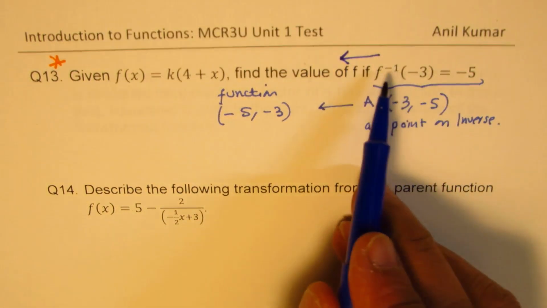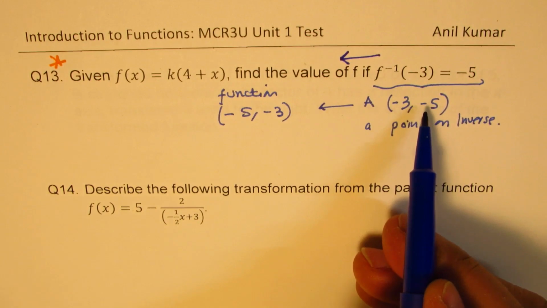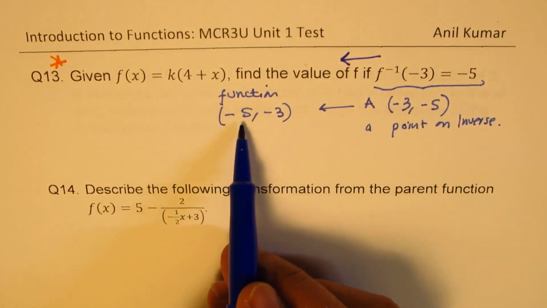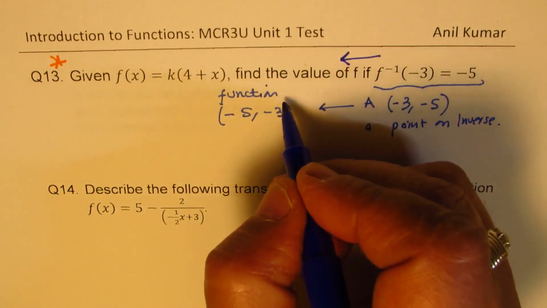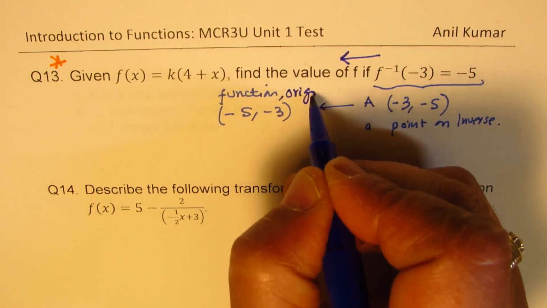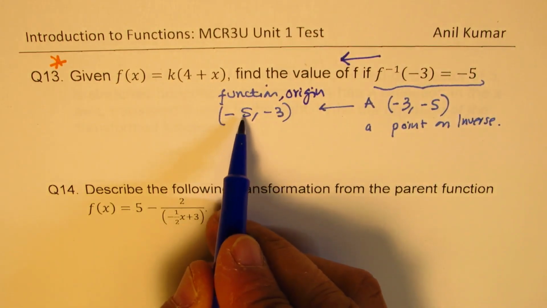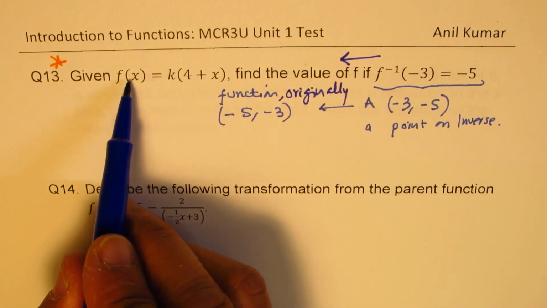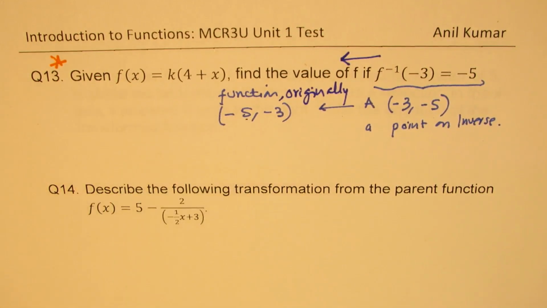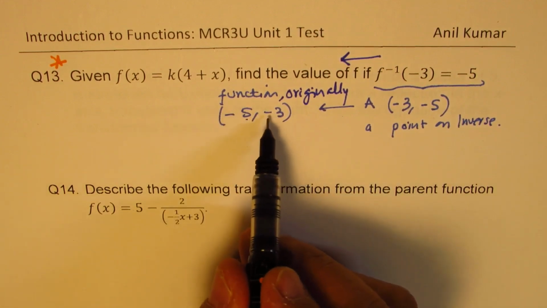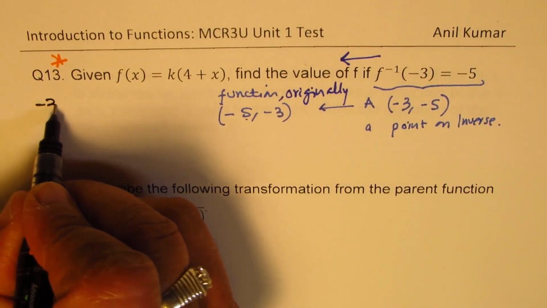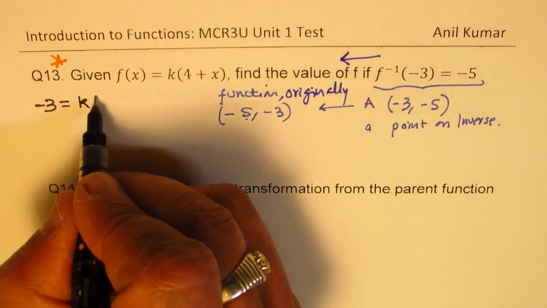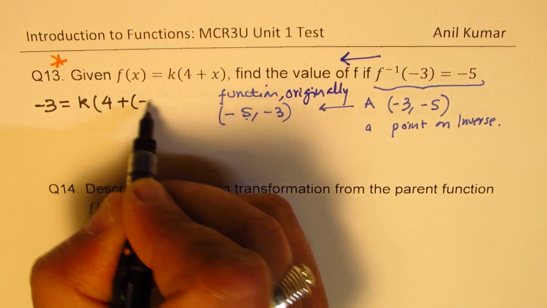So the original point on the function has x equal to minus 5, which means if I substitute minus 5 for x, I should get minus 3. So minus 3 equals k times 4 plus minus 5.